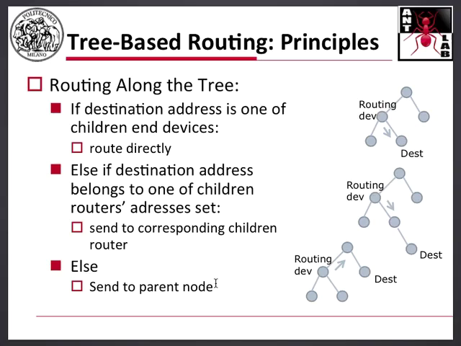So you might have the need of having routers at your very last layer of the tree. Yeah, in that case, you have to redo addressing, so reassign addresses, yes.